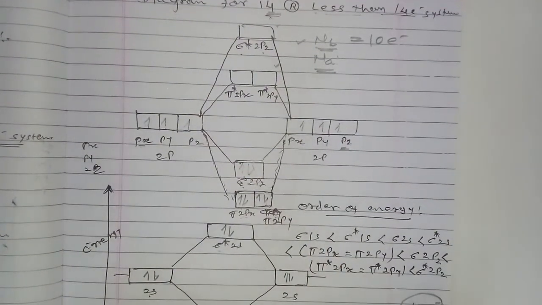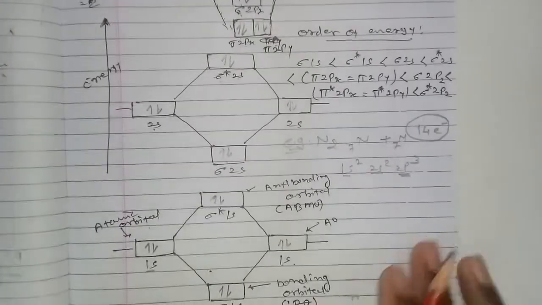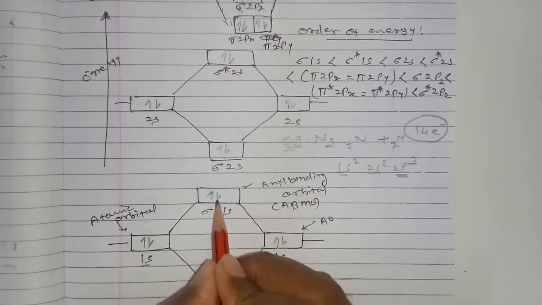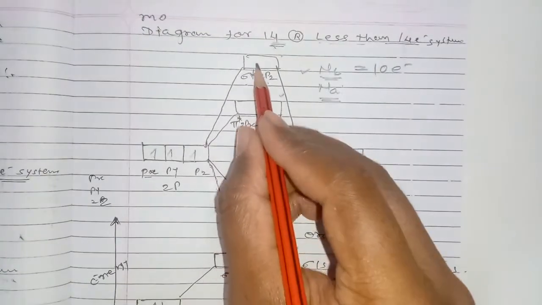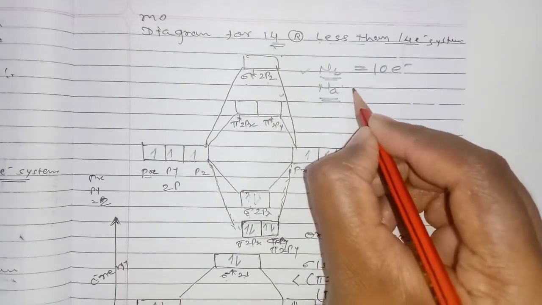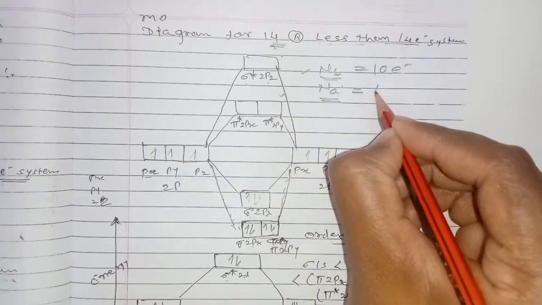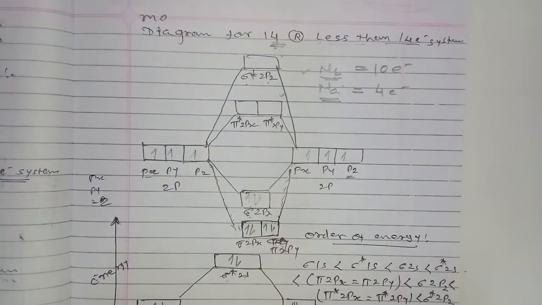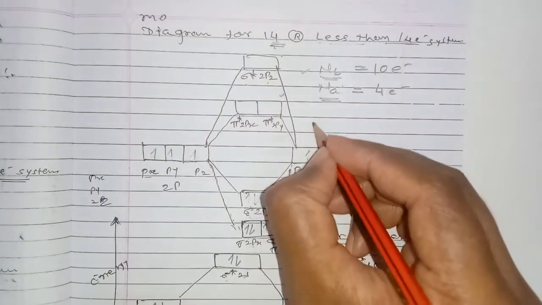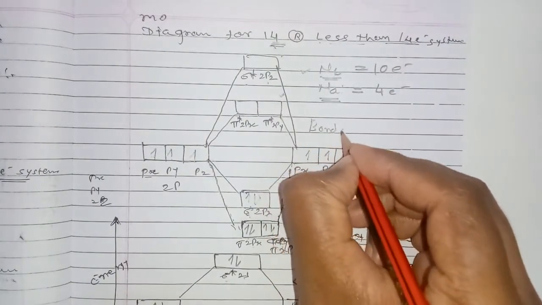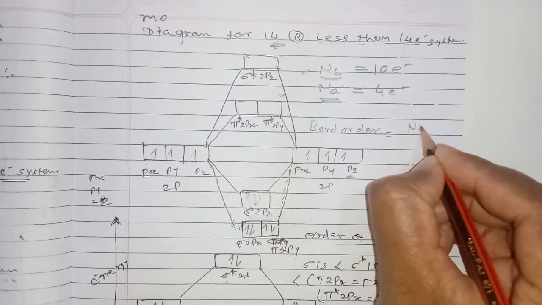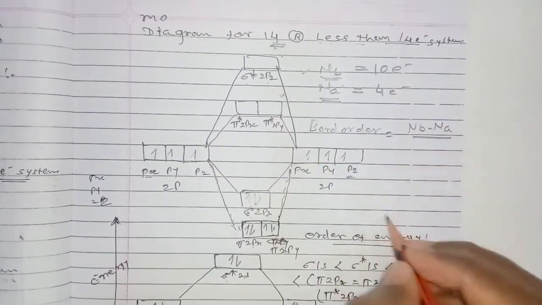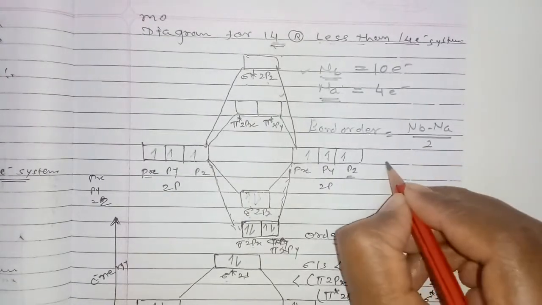Now the number of electrons present in antibonding orbitals: here 2 plus 2 is 4, then nothing. So the total number of electrons in antibonding orbitals is 4. Now the bond order is equal to (Nb minus Na) divided by 2.